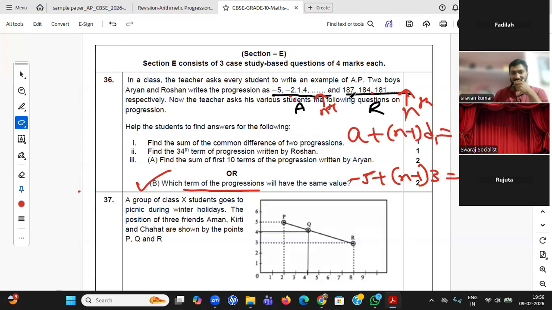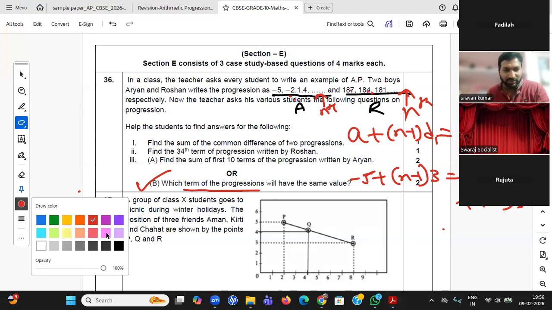B is the first term here, 187 plus n minus 1 into D2, the difference, minus 3. That's all, students. One equation, one unknown, you can solve it. Yes, right answer. So how many students are left? Very good, 13 students are left. Yes, sir, D2 is minus 3, right? D2 is 184, yes, minus 3. You're absolutely right.